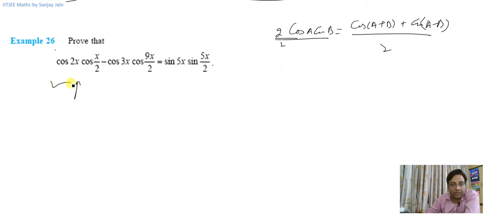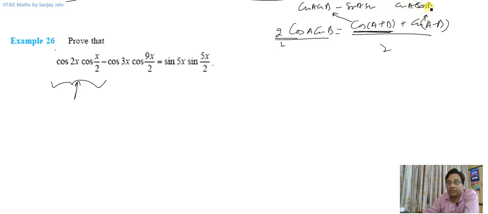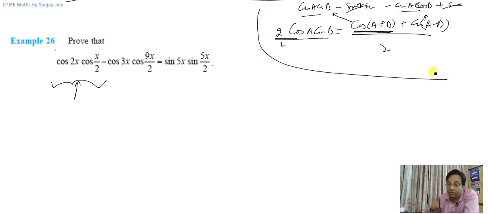Because cos A plus B, you can write as cos A cos B minus sin A sin B, right? And cos A minus B is something that you can write as cos A cos B plus sin A sin B. So if you add these, the sin terms will get cancelled, so it will give you 2 cos A cos B, right? I wanted you to memorize this identity also, right?